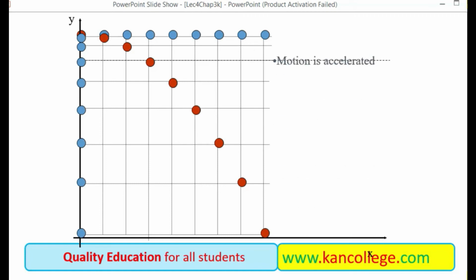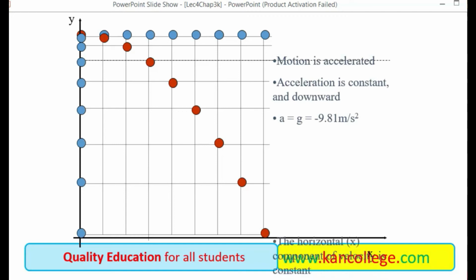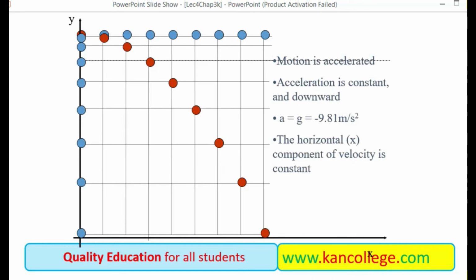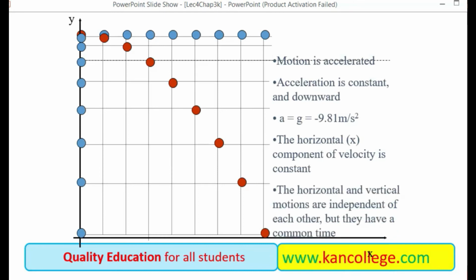So motion is accelerated along the y-axis, but the acceleration is constant and downward, and that acceleration is minus 9.81, meaning acceleration is equal to gravitational acceleration. But the horizontal component of the velocity is constant and the body is moving with no acceleration. The horizontal and vertical motions are independent of each other, but they have a common time.